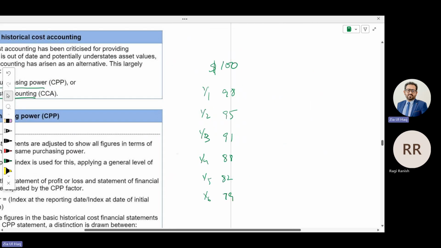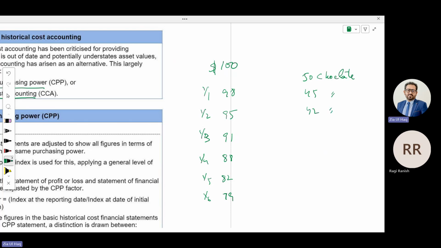Like if with this $100 we can buy 50 chocolates today, after year one we might be able to buy only 45 chocolates with $100. After two years, we might be able to buy 42 chocolates with $100.